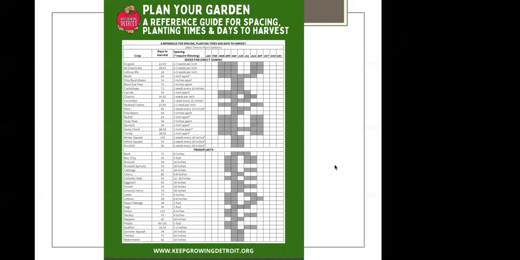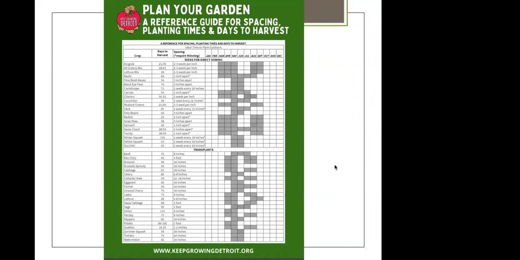So if you go down to tomatoes, it's the same thing. Tomatoes would be 75 days to harvest, and we recommend about 2 feet between each tomato. And if you get your tomatoes in May, you should be expecting harvest late June, July, all the way through August. Oh, I'm sorry, I was looking at that sheet wrong. Sorry, everybody. This is the ideal planting times for outdoors, not the harvest times.